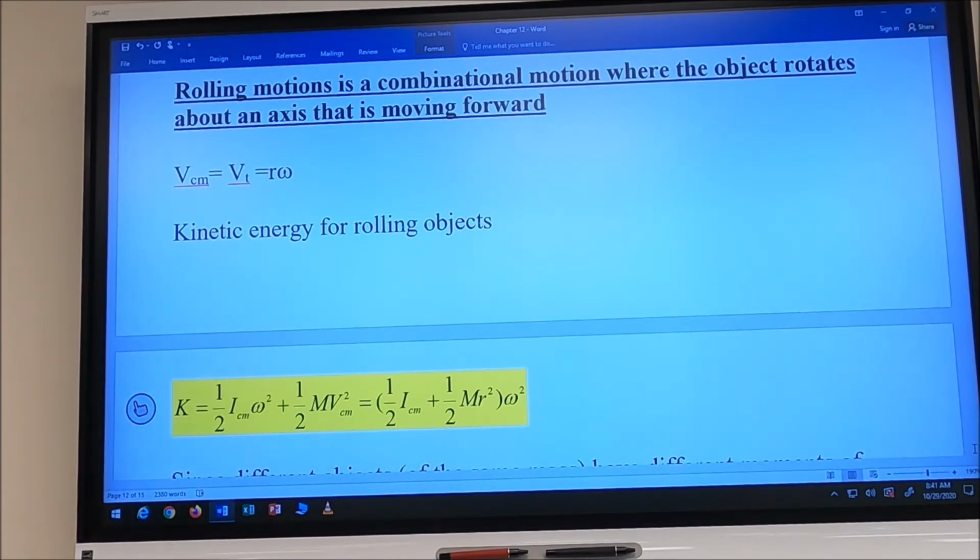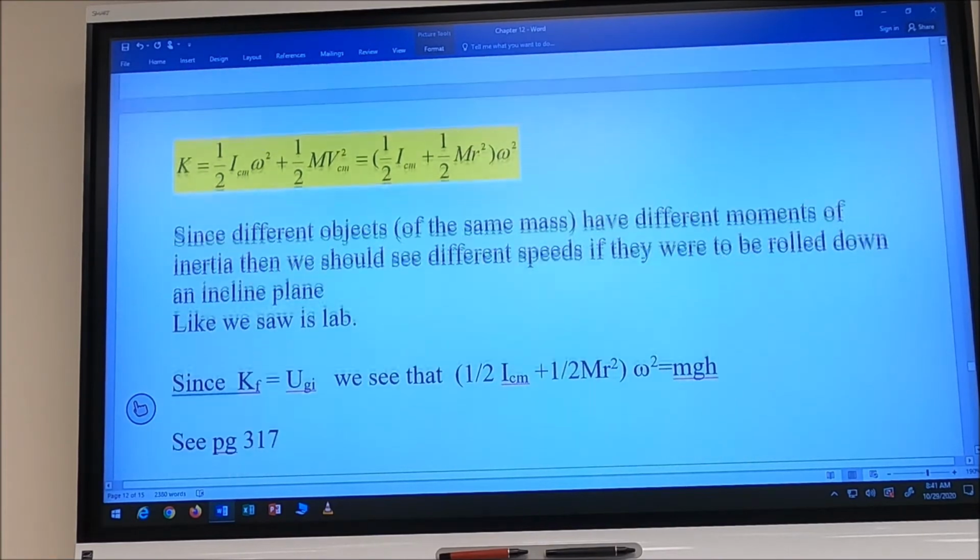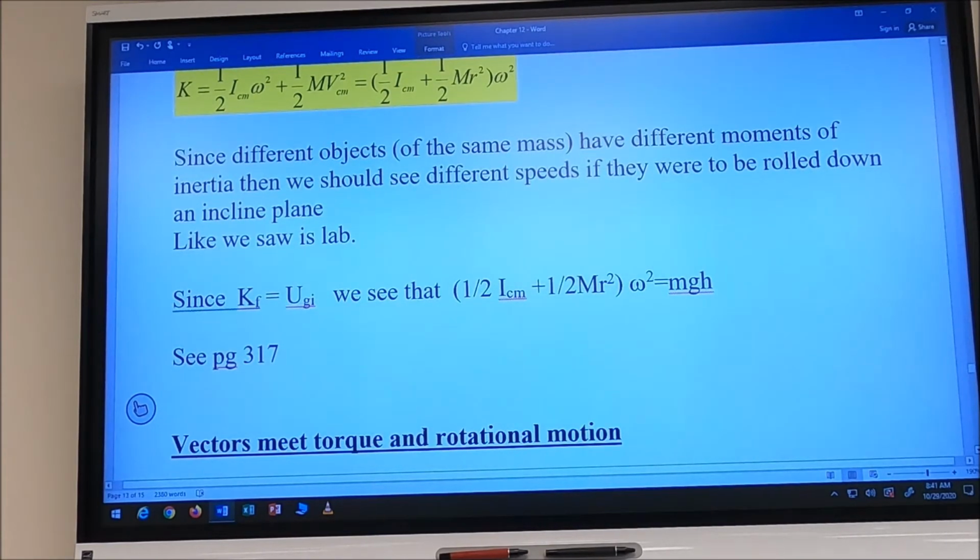So a rolling object has translational kinetic energy and it has rotational kinetic energy. So the kinetic energy for a rolling object equals 1/2 I_cm omega squared, plus 1/2 m v_cm squared.